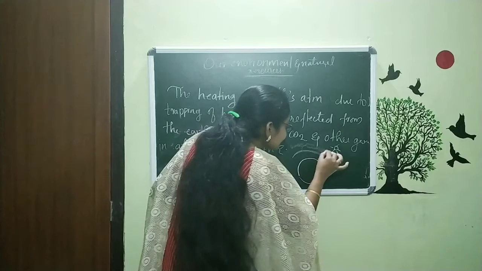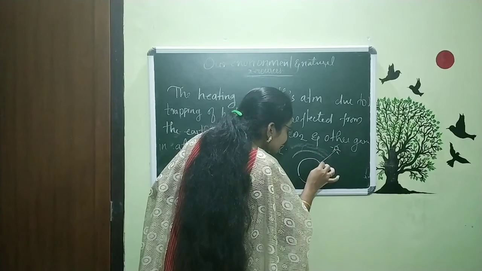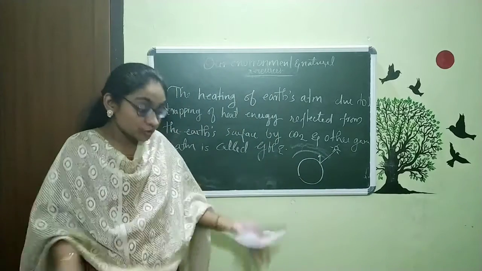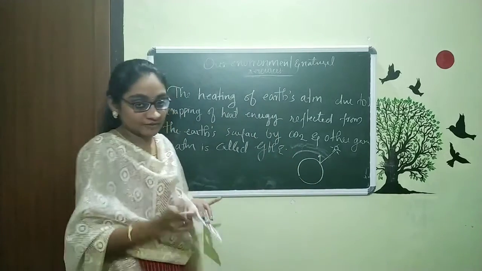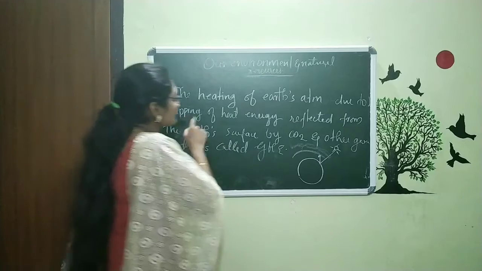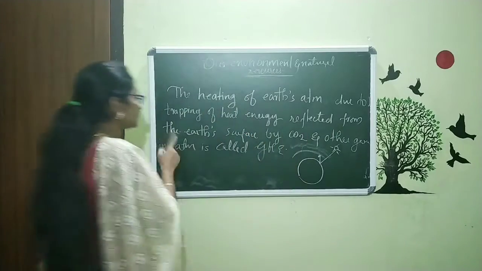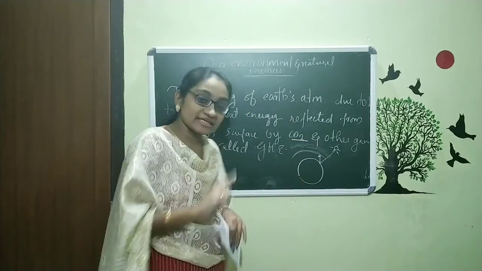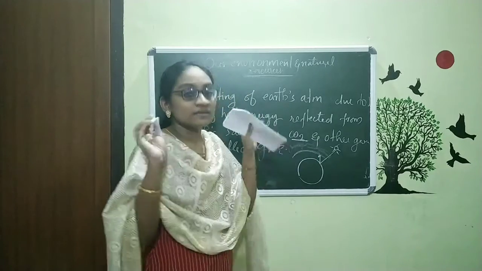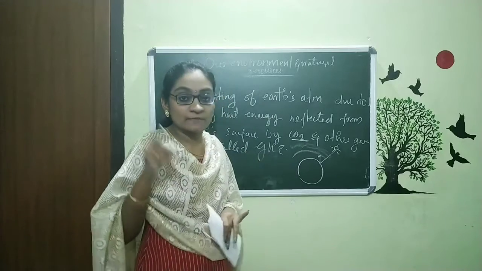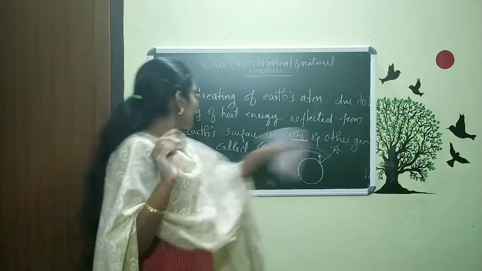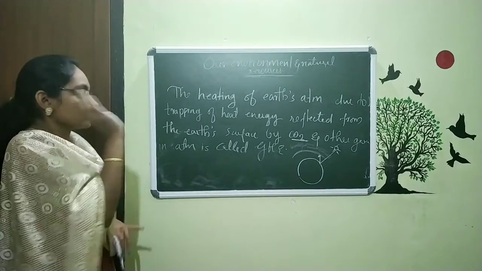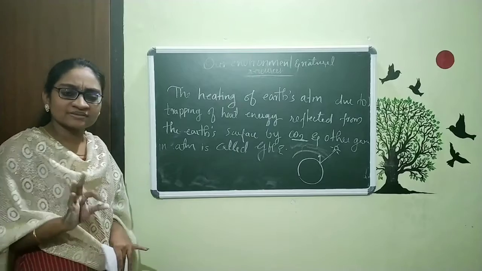The heat comes to our Earth's surface and it is reflected, but it's not supposed to go outside the atmosphere. And so we can say the trapping of heat energy reflected from the Earth's surface by what? Carbon dioxide and other gases. Mainly we can say the responsibility is for carbon dioxide. So carbon dioxide and other gases in the atmosphere is called the greenhouse effect. Within this region you just want to remember this definition, that's all.